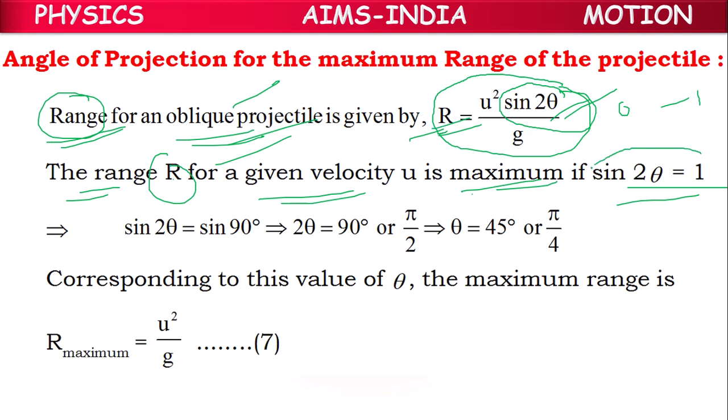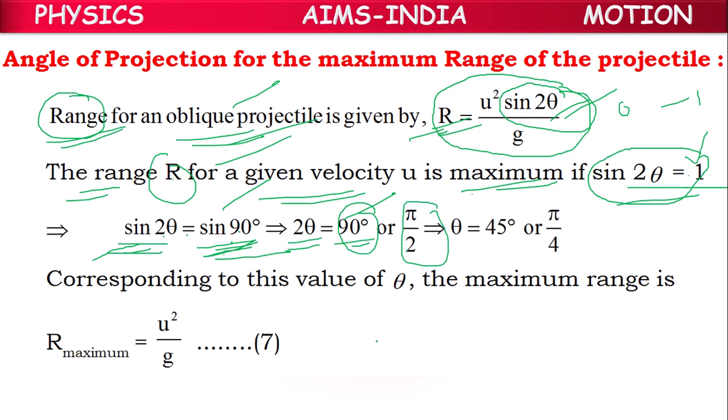Sine 2 theta equal to 1 means this 1 can be written as sine 90 degrees. So sine 2 theta equals sine 90 degrees, and we can equate them: 2 theta equal to 90 degrees. 90 degrees can also be called pi by 2, because pi radians stands for 180 degrees.